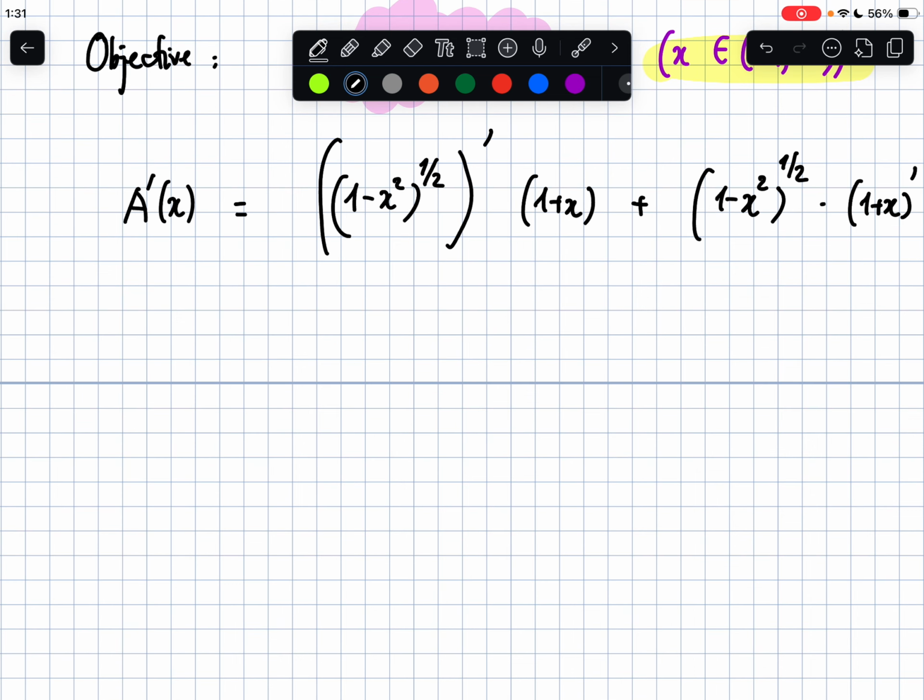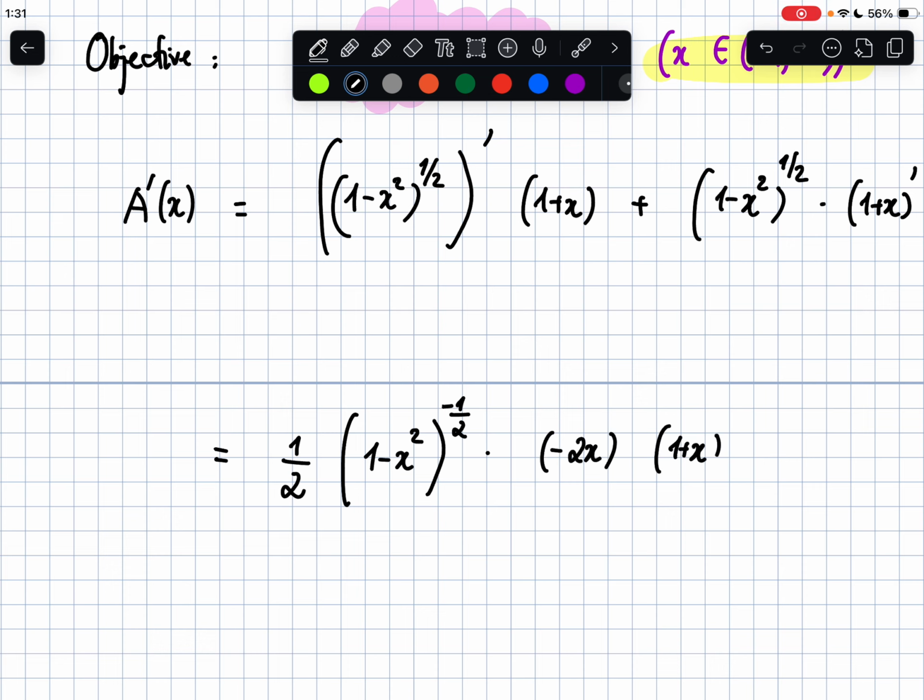So we have 1 over 2 times (1 minus x squared) to the minus 1/2 times minus 2x times 1 plus x.